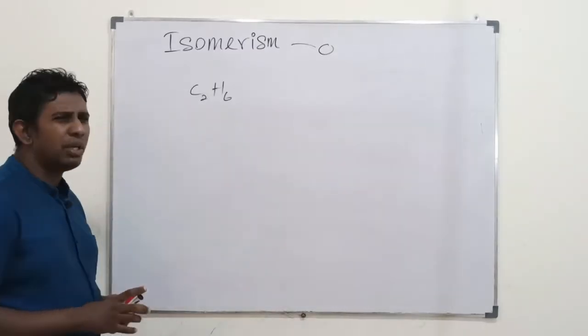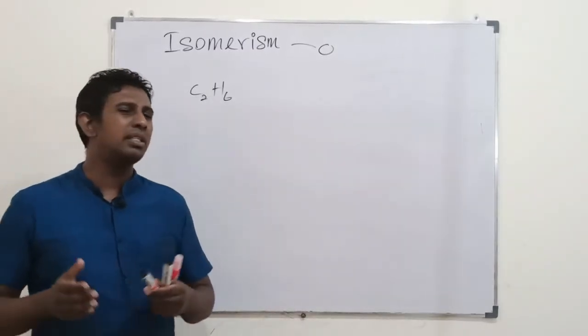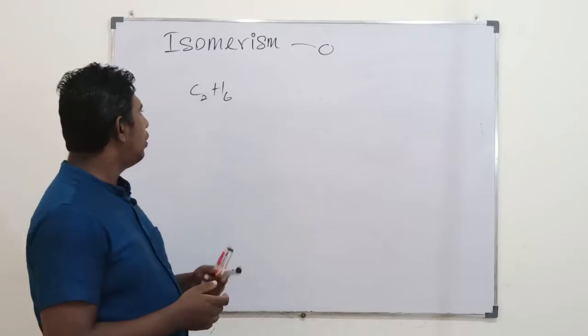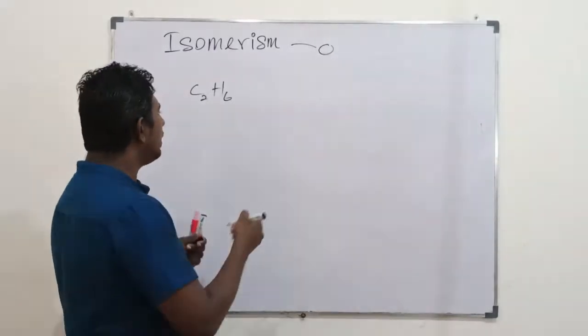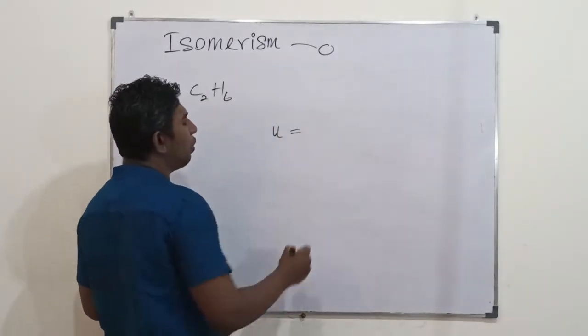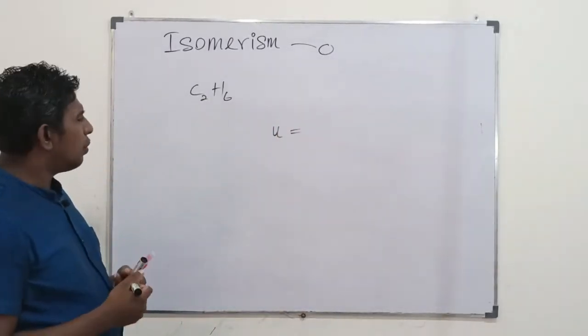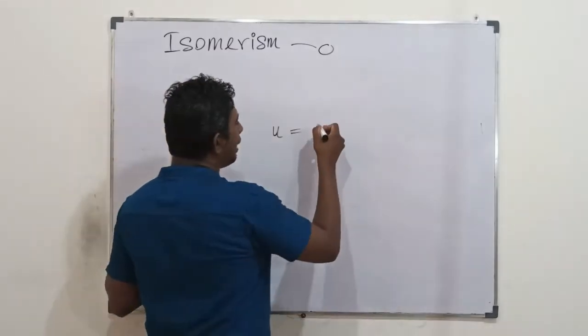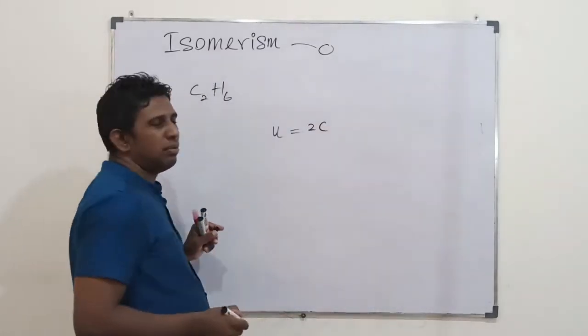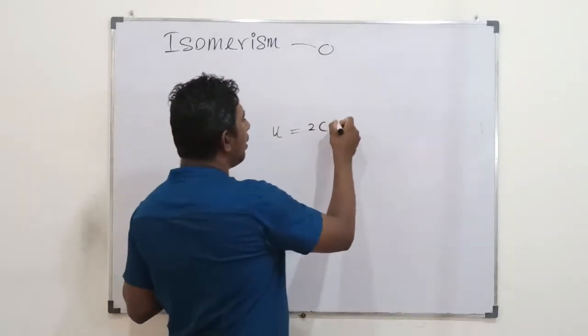So students, we could easily get the unsaturation number by observing the molecular formula given, using this equation. You simply multiply the number of carbons by 2 and add 2.